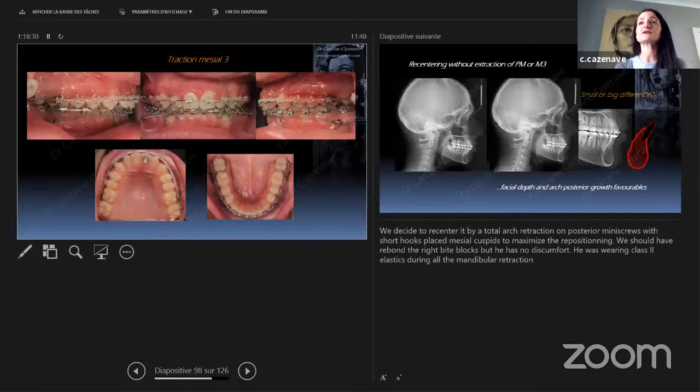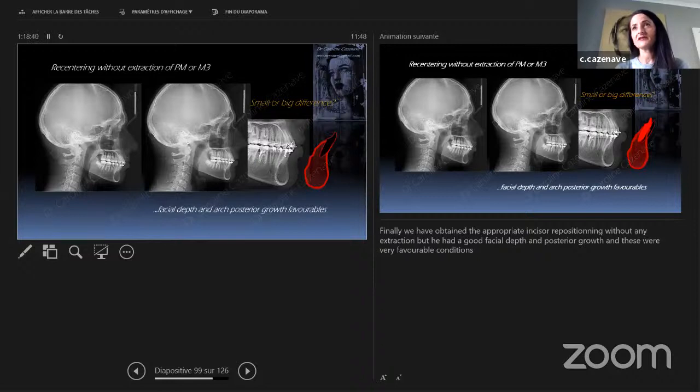We should have removed the right bite blocks, but he has no discomfort. He was wearing class 2 elastics during all the mandibular retraction. Finally, we have obtained the appropriate incisor repositioning without any extraction, but he had a good facial depth and posterior growth, and these were very favorable conditions.